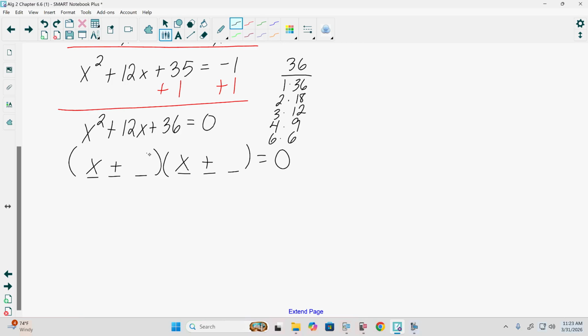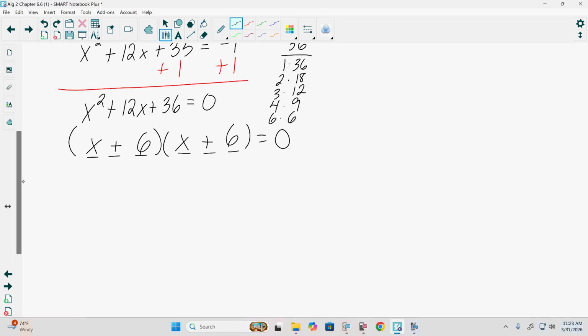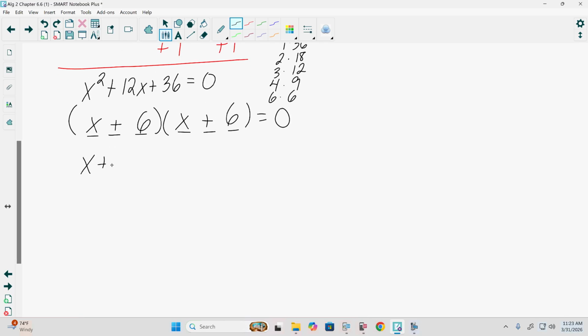And if we did check it, it would indeed give us a middle term of 12x. Two things multiplied together equals 0. One of these has to be 0.